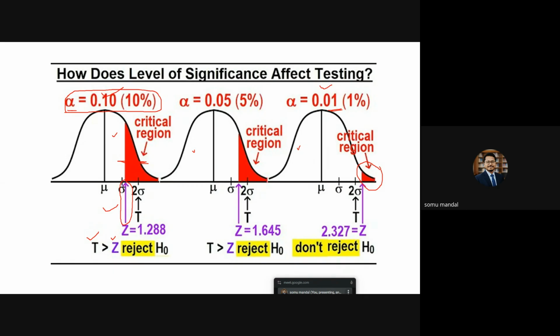You consider a very nominal rejection level, so you only allow 0.01 unit of error.